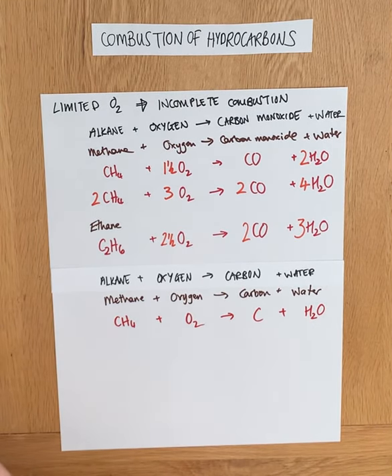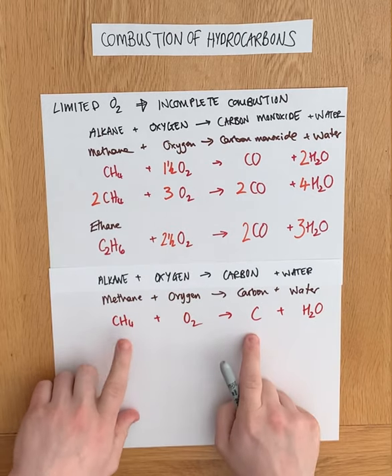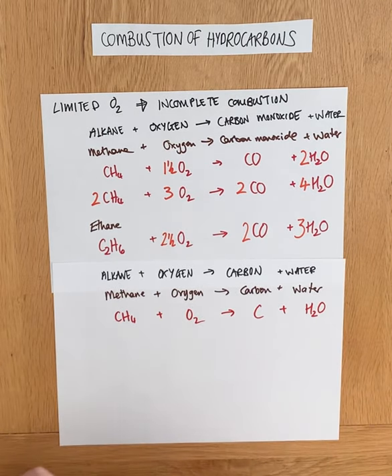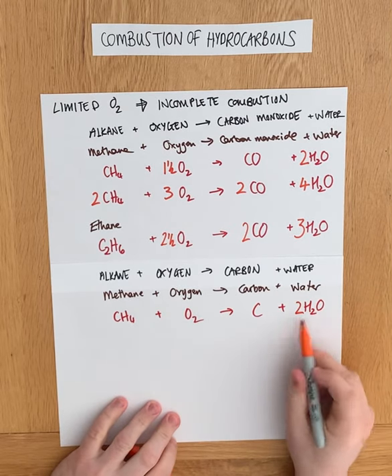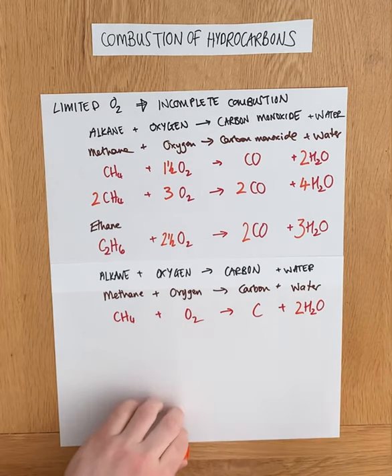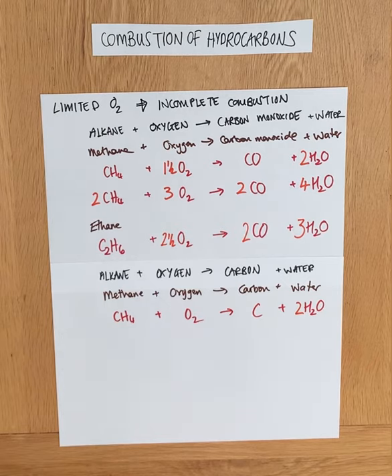Let's balance it. Number of carbons, number of carbons, number of hydrogens, halve it to give us the number of waters. 2 oxygens on this side. Oh, there we go. So I need to put 1 number 2 in. Even less oxygen required or needed when there is not enough oxygen around.